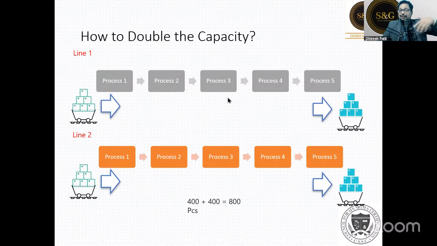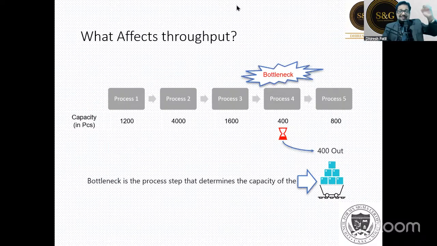Obviously, other people who don't understand Lean and Six Sigma will simply say, okay, we'll put in a parallel process, we'll put in additional investment to double the capacity. That will have a huge capital expenditure, right? But as a Lean Six Sigma scientist, what we need to do first is understand the capacity of each and every process.